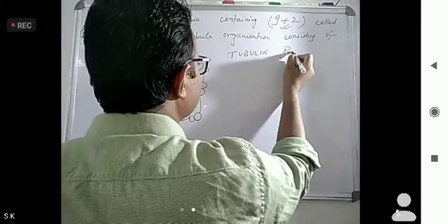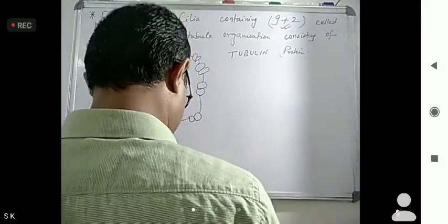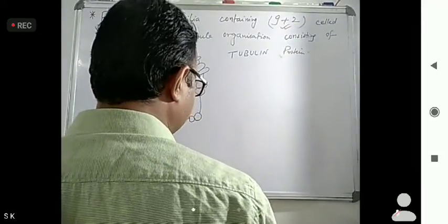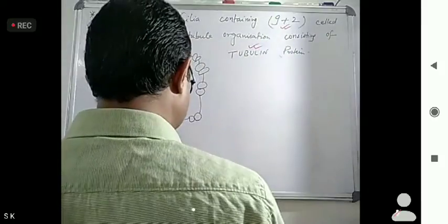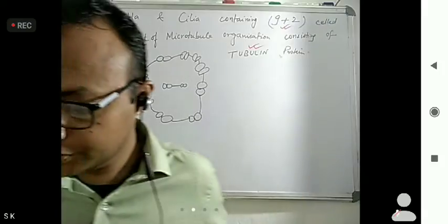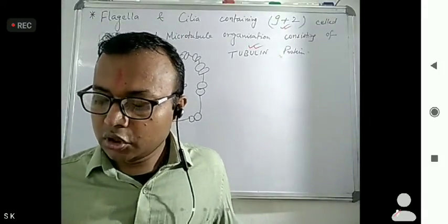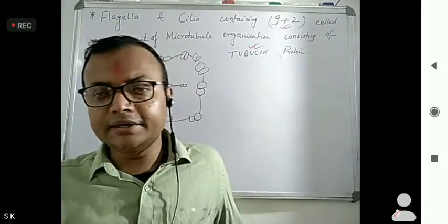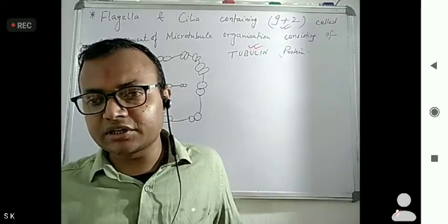Tubulin protein. So this tubulin protein you have to remember. Okay, 9 plus 2 arrangement, and that consists of what? Tubulin protein.